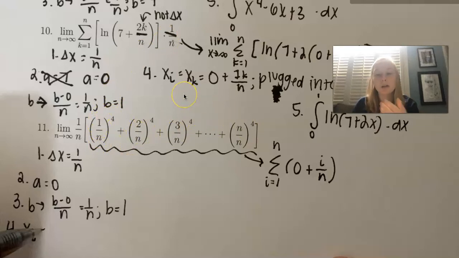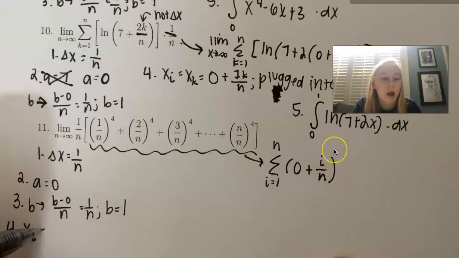There's no constant on the top of this fraction that would cause it to shift any more than 1. So it's just i, and n stays the same on the bottom. So nothing's wrong with n. We know that delta x is 1 over n, so this is just 1 times i over n. So that's actually our summation term.